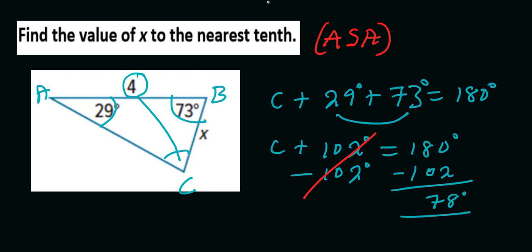All right, so this is the value of the uppercase C. Now let's substitute that value into the given shape. So this is now 78 degrees, and it's the capital letter C.